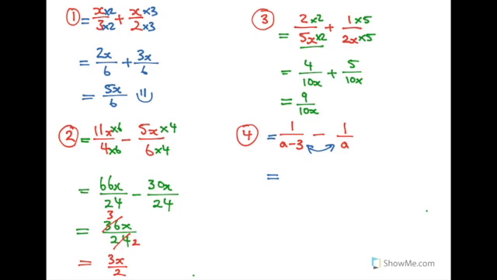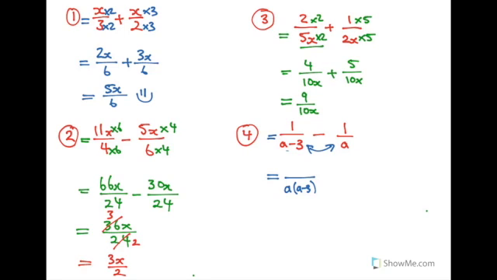I'm going to multiply the bottom of the first one by a, so a times a minus 3. And because I multiplied this one by a, I have to multiply the top, so it's going to be 1 times a, a at the top.